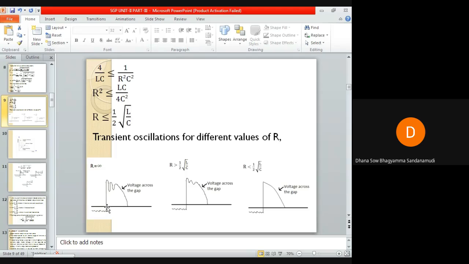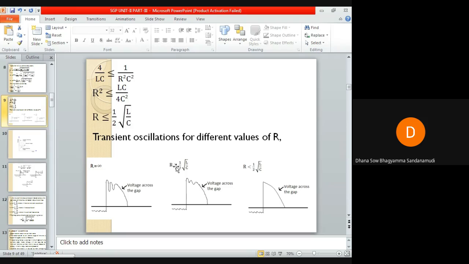At some current zero the arc has been interrupted, and immediately transient oscillations occur in the voltage. When R is infinity, there will be more oscillations, and later it will settle down to the normal frequency voltage, which is known as the recovery voltage.